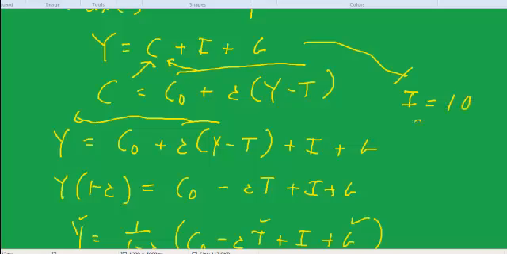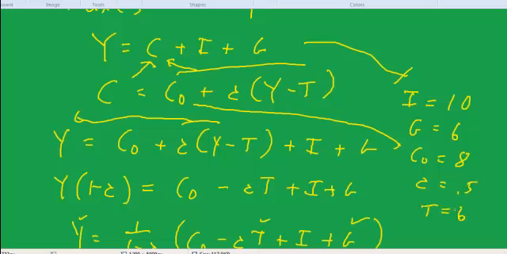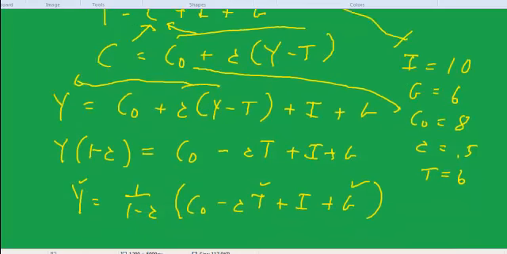We'll start out with government spending at 6, and we'll have our constant term for consumption, let's say that's 8, then our marginal propensity to consume of 0.5, and we'll have taxes at 6. Let's see what we get when we solve for GDP, when we put those numbers in.